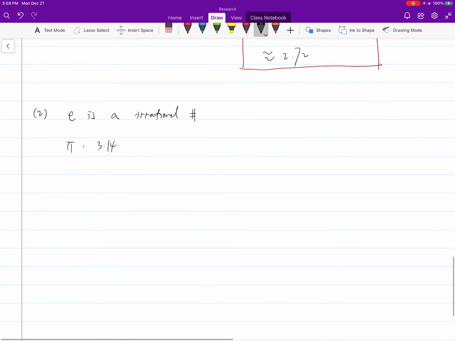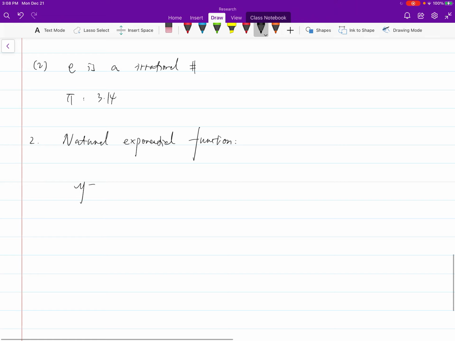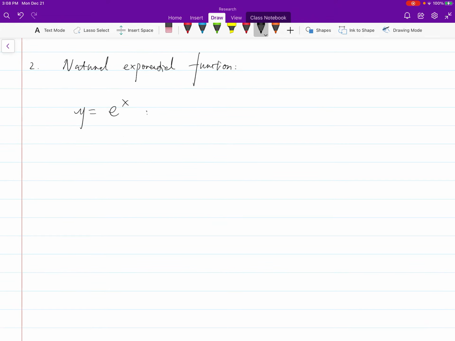That's e. Great. If we have the natural base, we now can define the natural exponential function. That is given by y equals e to the x. It's very easy. No, y equals a e to the kx.